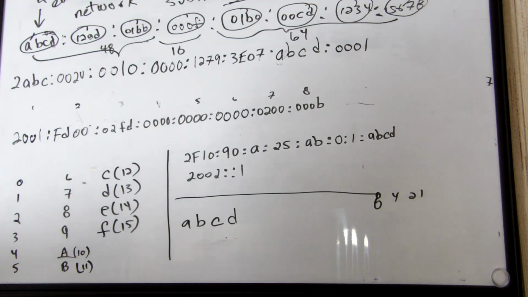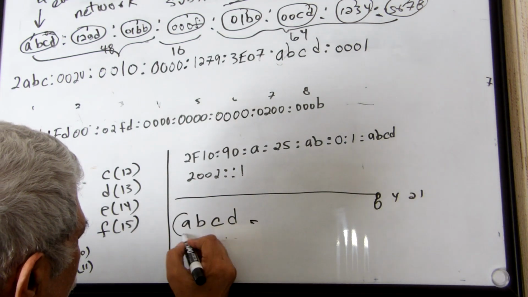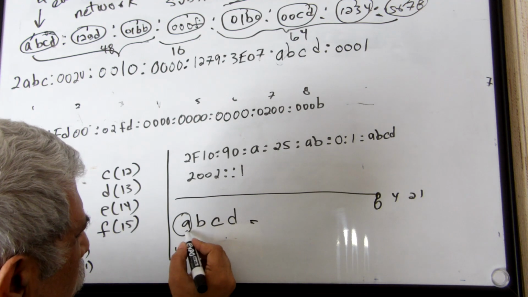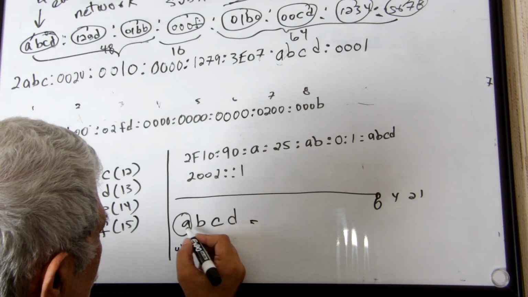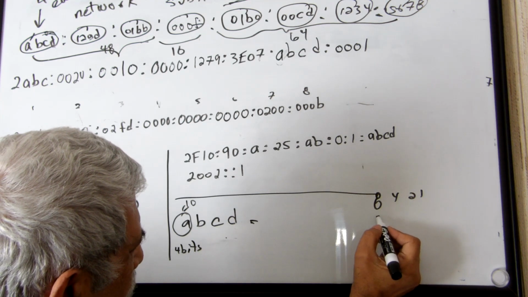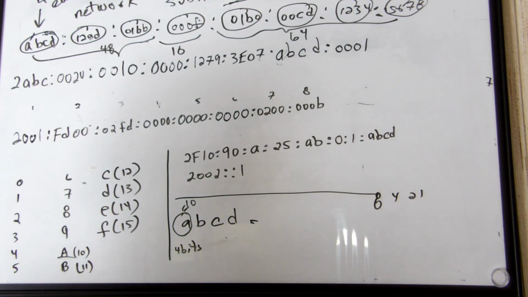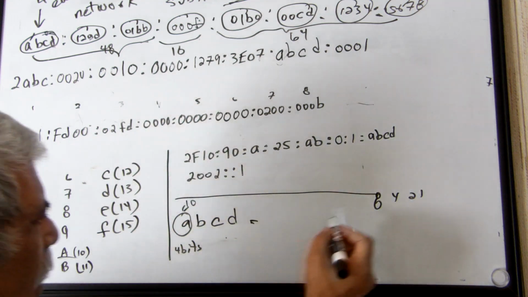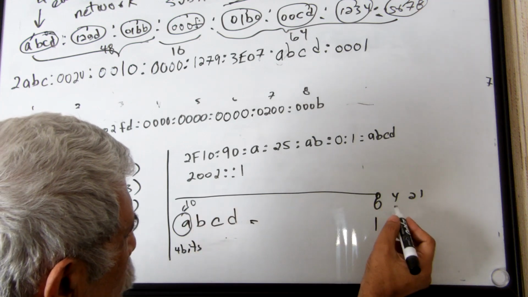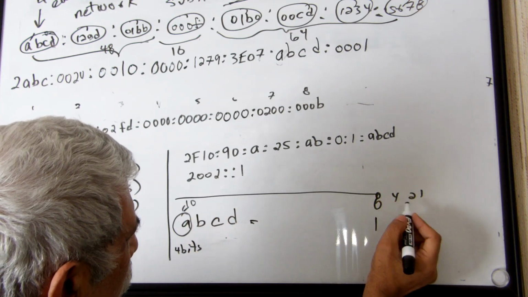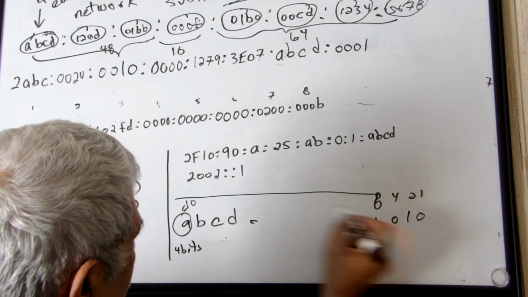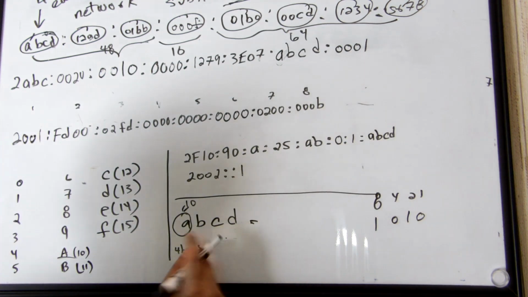So what is this? Each of these characters has 4 bits. What does that mean? Let's see A, which is equal to 10. When we have a decimal number and want to change it to binary, we say: 8, and 10 needs 2 more, so 8 plus 2. So A is going to be 1, 0, 1, 0.